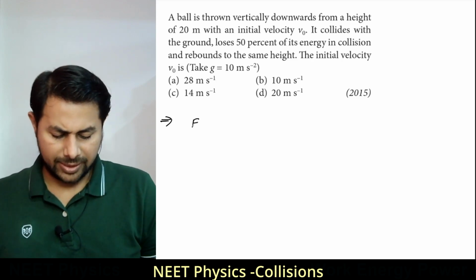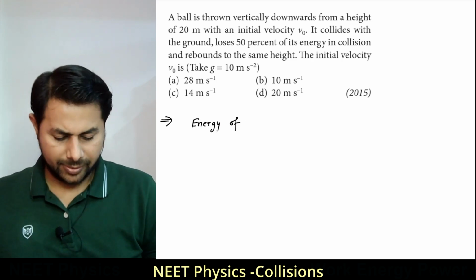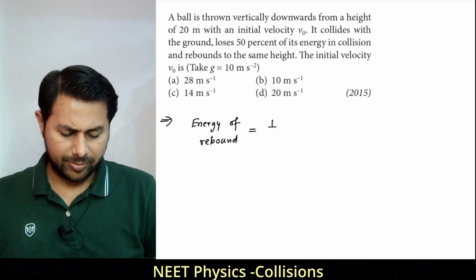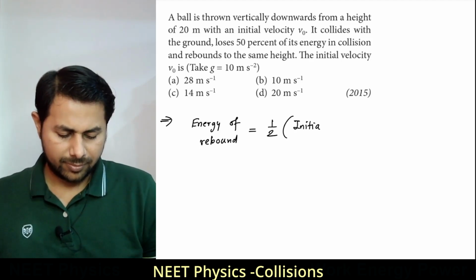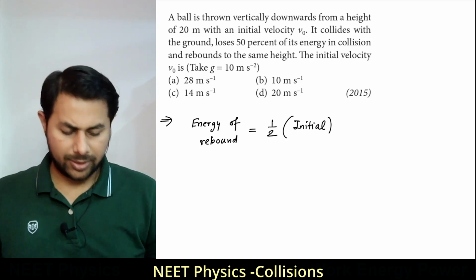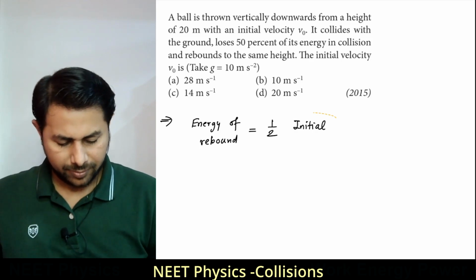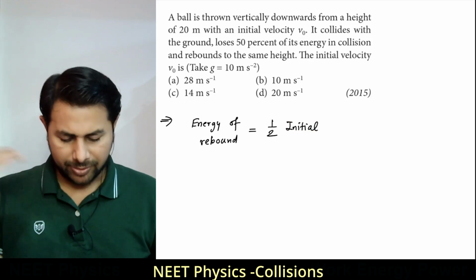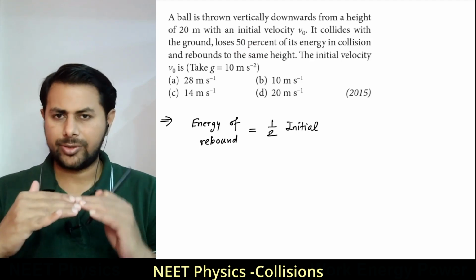right? So you can say energy of rebound is just equal to 50%, means half, of the energy with which it was thrown, so initial energy. So the energy with which it rebounds is 50% of initial energy, that's clear, but it goes to the same height.